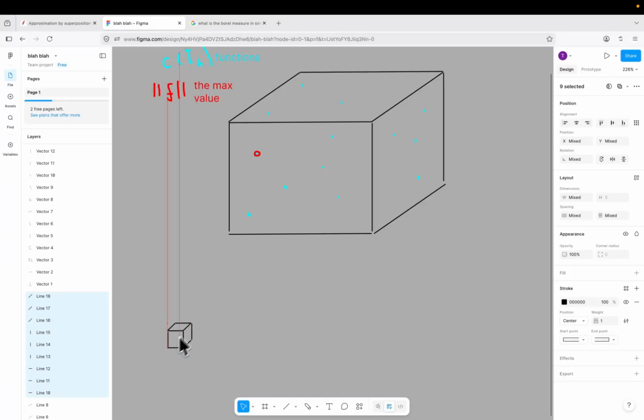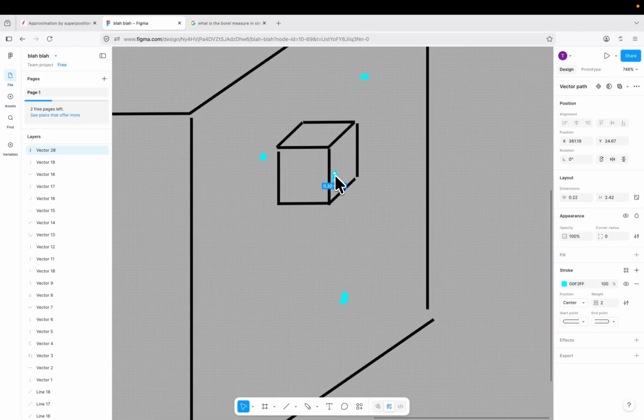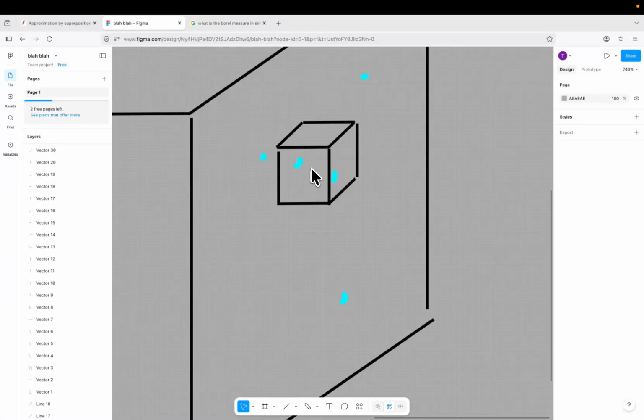What this thing will do is that it's going to be able to denote some certain functions, so we can actually choose. Yeah, let's make it like that. Those functions, let's make them look like that.